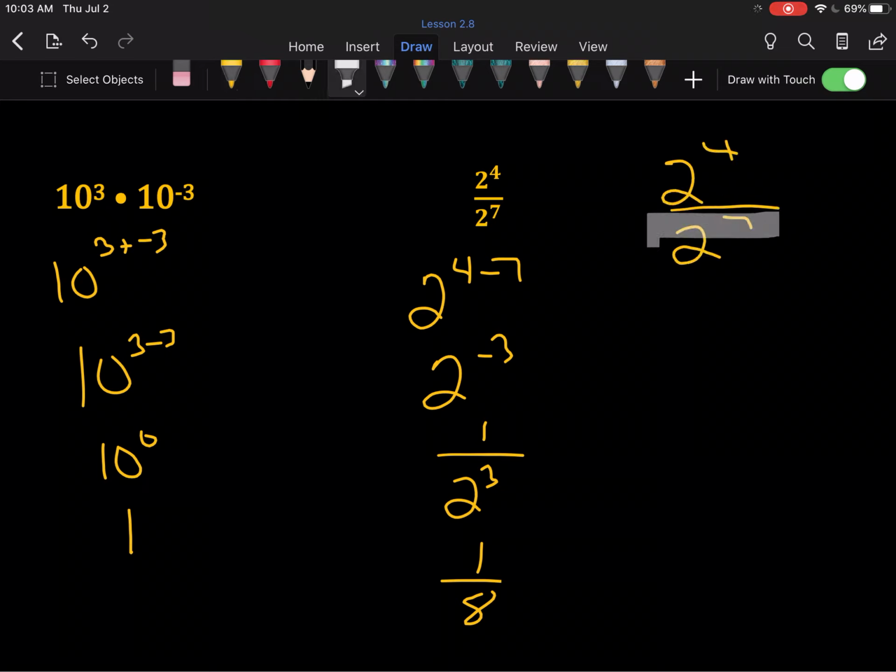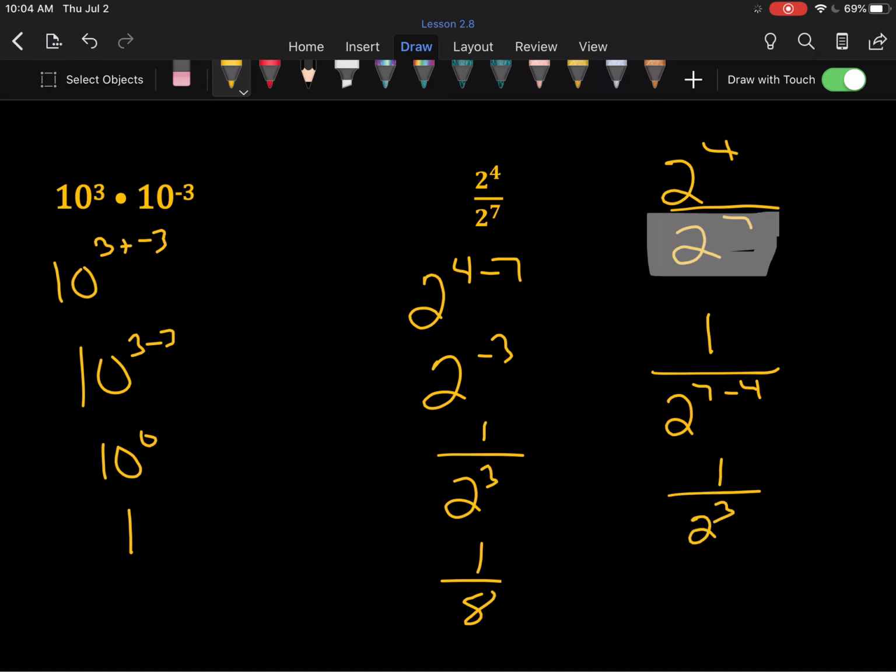Because the bigger exponent is in the denominator, we could go straight to making this 1/2 to the 7 minus 4. We can do subtraction in the denominator because the denominator has the bigger exponent. And this just gets us a little bit faster to the 1/2 to the third.